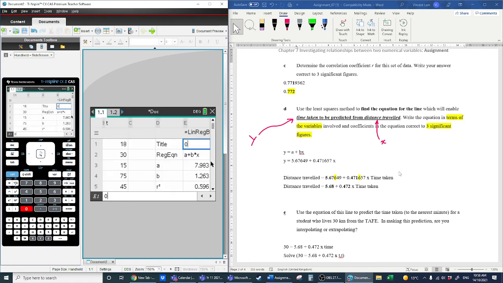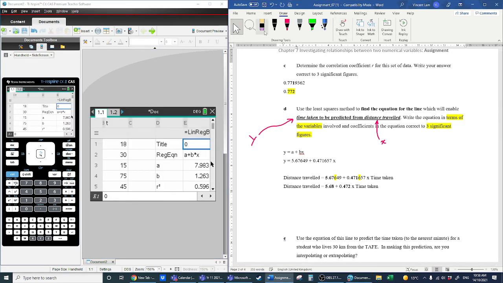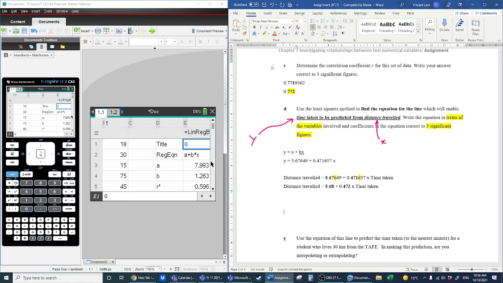And there we go, there's the numbers. So I'll leave that there because I feel like it. And I'll do the right answer in red. So it'll be time taken is equal to 7.98, which is the 3 sig figs, plus 1.26 times distance traveled.